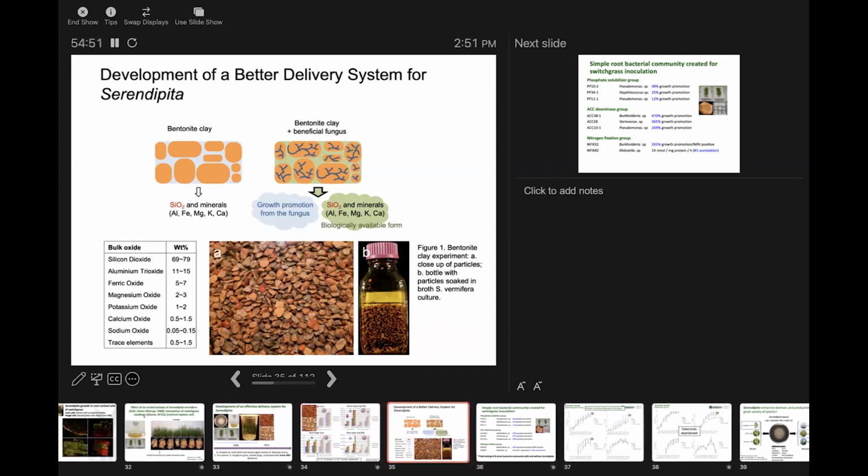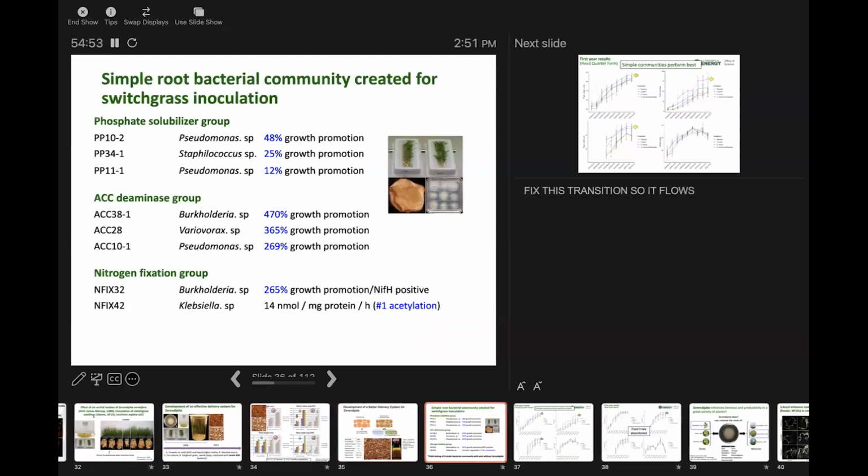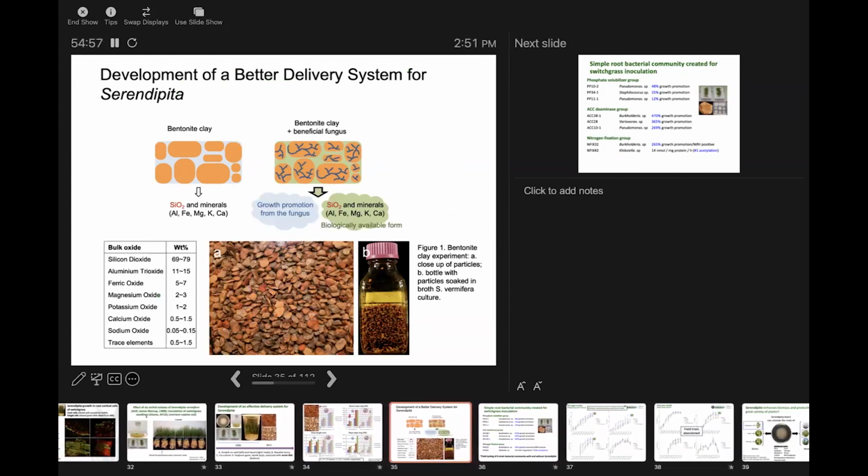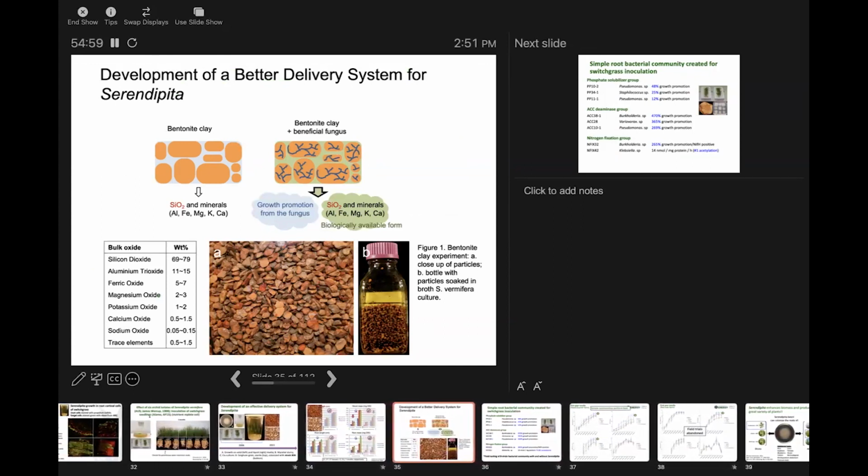Oh, now should be here. No, sorry. What it should show here is that this was our kind of gold standard. And so every few months, we would take some of these particles out and put them on a plate and see if the fungus would grow out. Okay, we got near 99% grow out at 5 years for a delivery particle that was just on the bench, not treated, nothing.